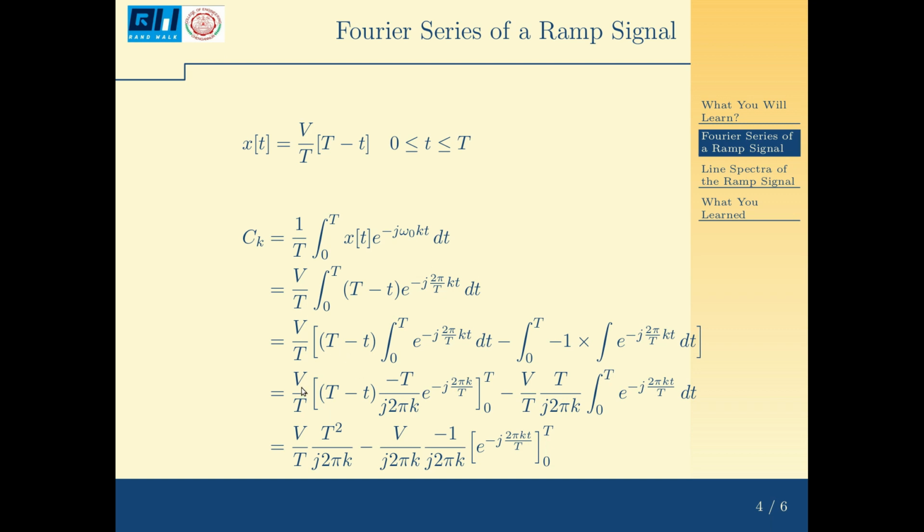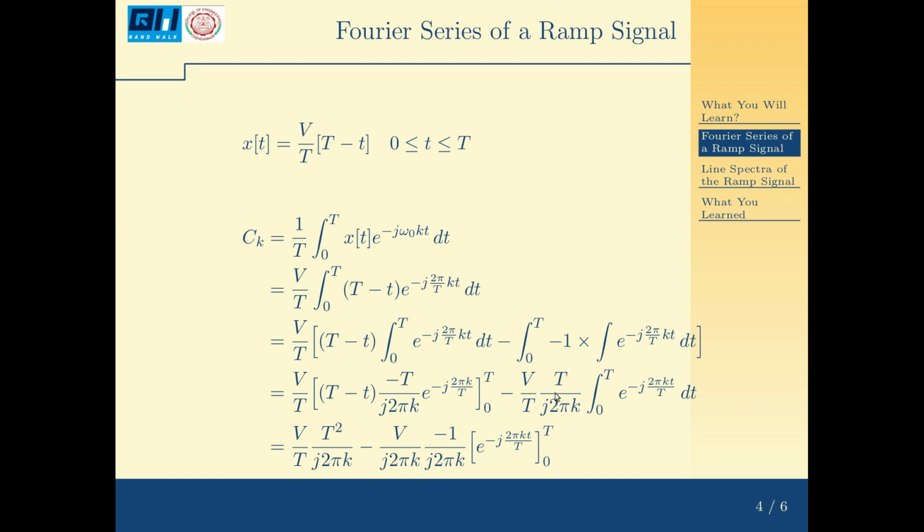Now if you look into this, the first term will be V by T into (capital T minus small t) into, if I integrate this function, minus T by j 2 pi k, into e raised to minus j 2 pi k t by T, with integration limits from 0 to T. Then minus V by T into integral from 0 to T of minus 1 into the integral of e raised to minus j 2 pi k t by T, which is T by minus j 2 pi k.